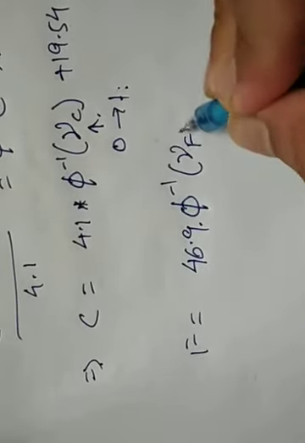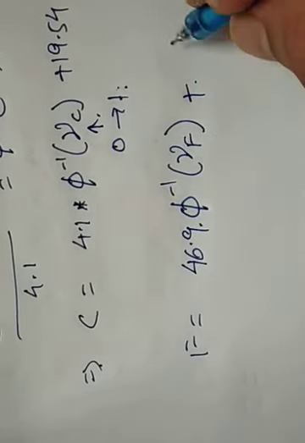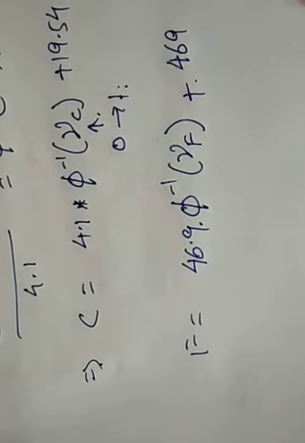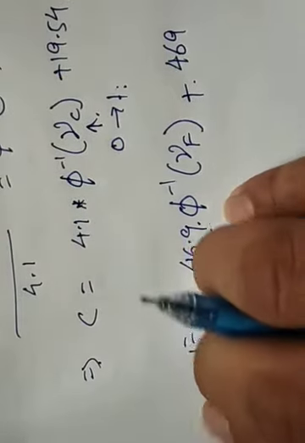Psi inverse, the inverse cumulative of mu F, okay, plus my mu, the mean value. So this is my standard deviation that we have discussed here. I think it's given here, yeah, mu F and sigma F.